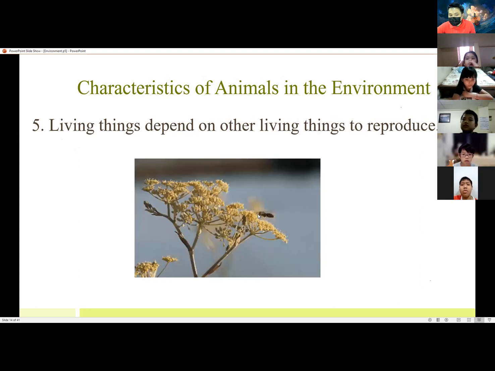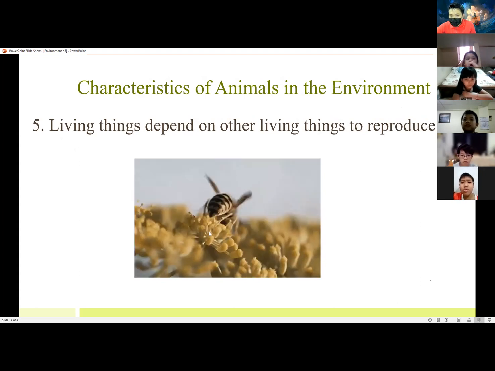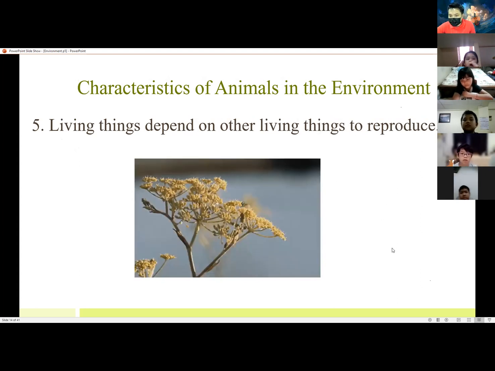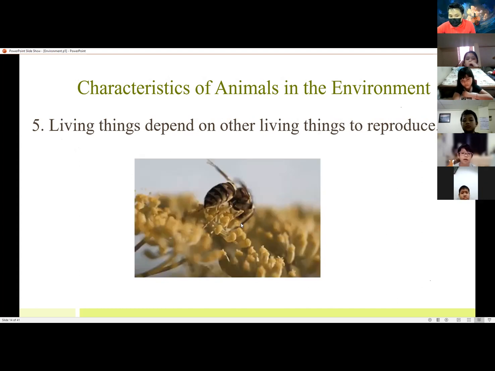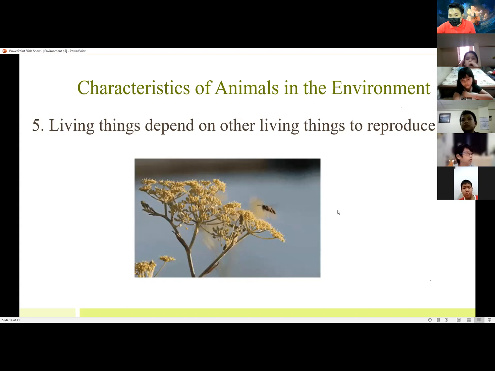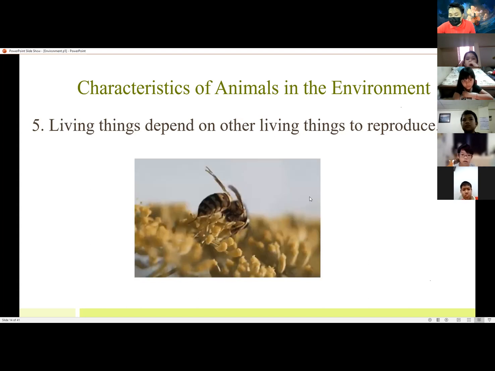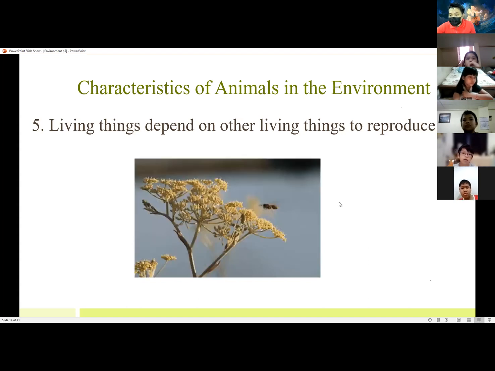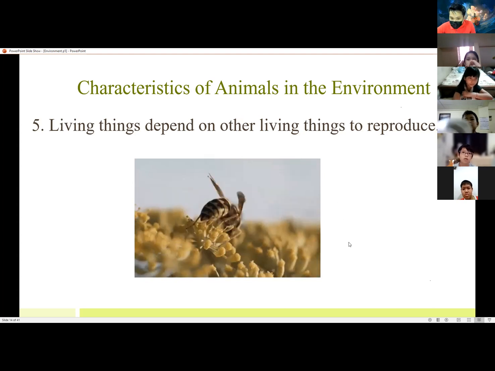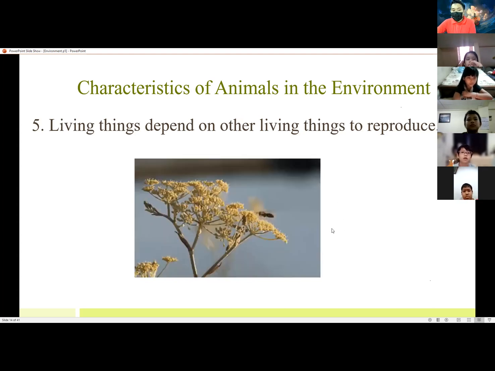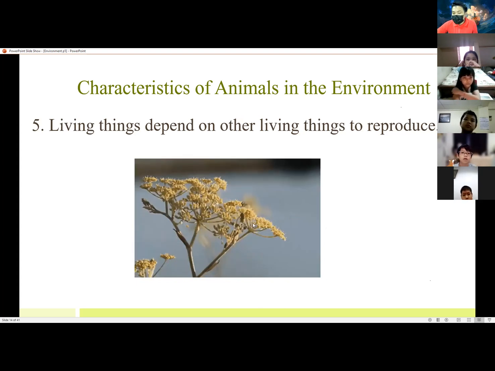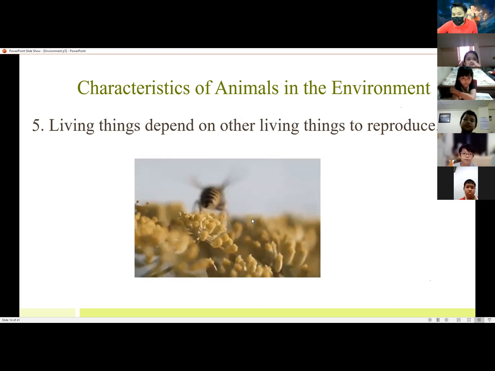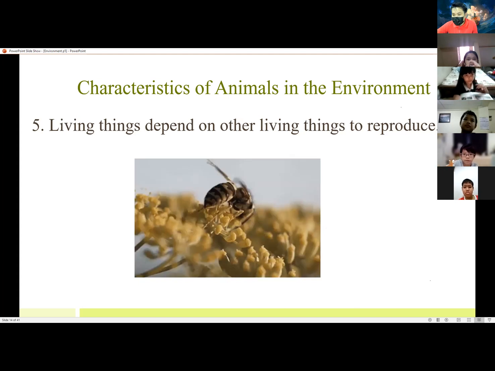So the bee will move to the male flower and then move to the other flower, which is a female flower. And then after that, the bee helps the pollination so the flower becomes fertilized. And then if the flower has been fertilized, it will make another plant by dispersal.